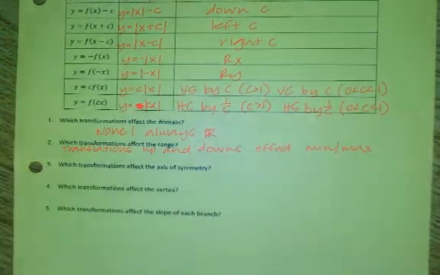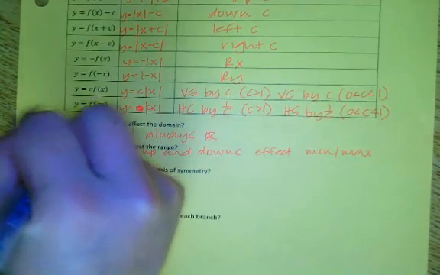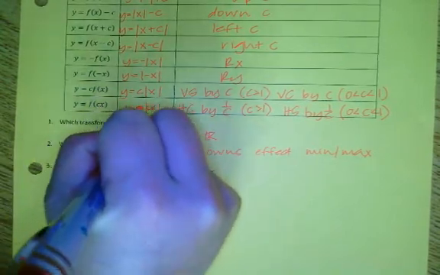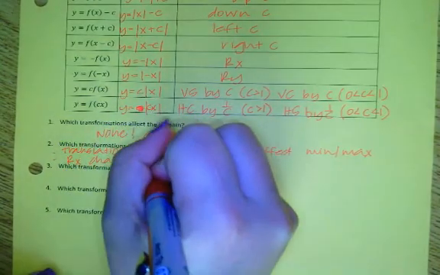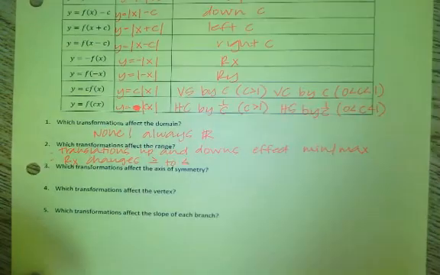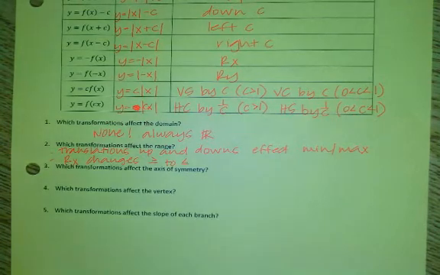Okay, what else affects your range? Very good. A reflection over the x-axis. Okay, and all that I'm going to write here is it just changes your inequality symbol. So if you're above the x-axis, y is greater than or equal to 0. Once you reflect it over the x-axis, it's y is less than or equal to 0.